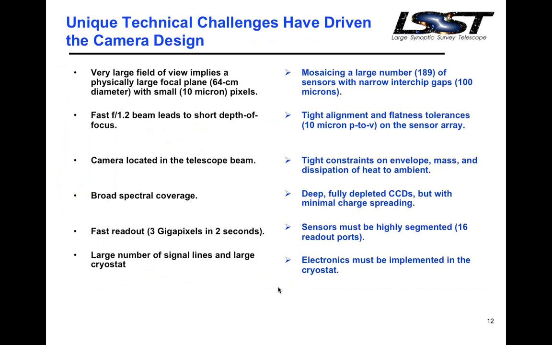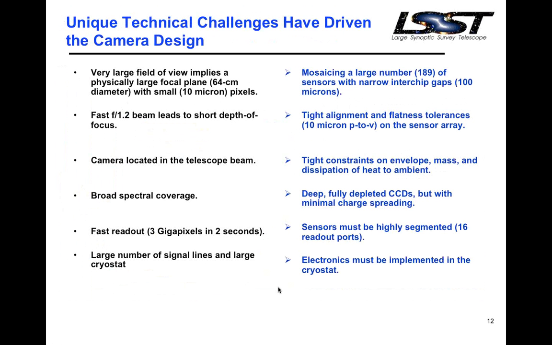It's a very fast beam, as I mentioned. With the current design, the beam is actually f/1.2, and that implies a short depth of focus, which means we have tight alignment and flatness tolerances, roughly 10 microns peak to valley over the entire sensor array.